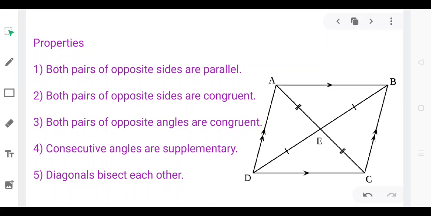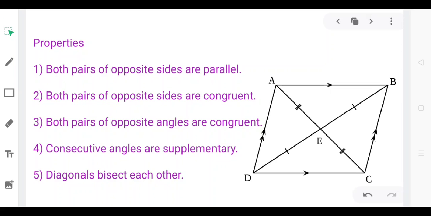Now let us discuss the properties of a parallelogram. Here the first property, both pairs of opposite sides are parallel. That means AB will be parallel to DC and AD will be parallel to BC. Second, both pairs of opposite sides are congruent. They are parallel as well as equal, like a rectangle.